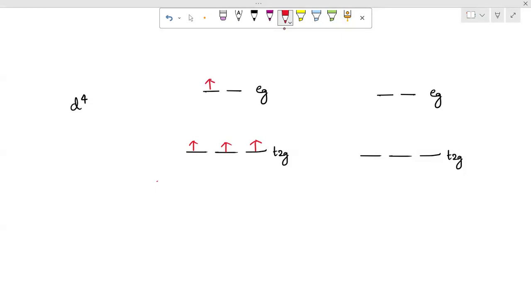This is a high spin complex. And the other case is where you have 1, 2, 3, and instead of jumping to the top, it just gets paired over here. And this is a low spin complex.